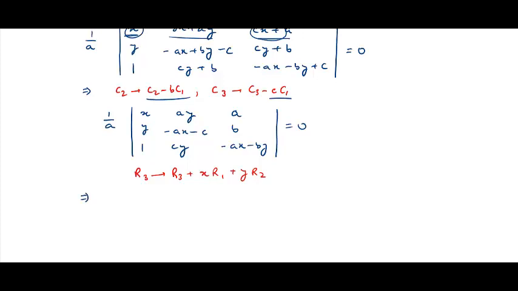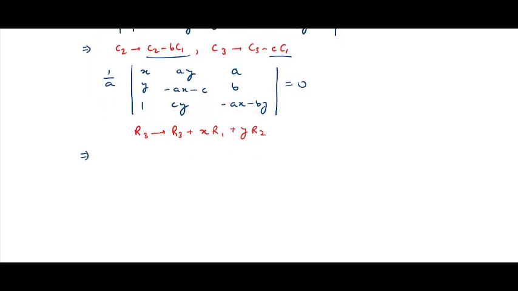So now this becomes 1 by a times, so the first two rows we don't touch, we leave them as they are. y minus x minus c b. So in the third row we are adding x times first row plus y times second row.